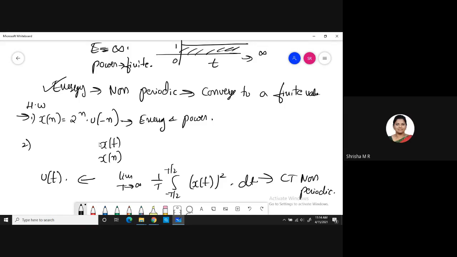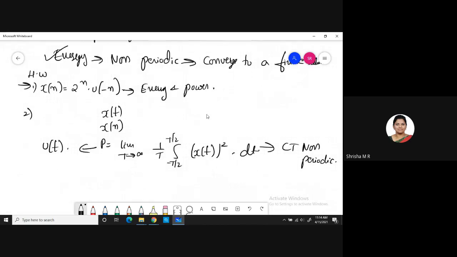I told you all periodic signals are power signals and non-periodic signals are energy signals. So when you have a non-periodic power signal, use this one. This is the power for a non-periodic continuous time signal. I have also given you one more formula for discrete, that is u of n.